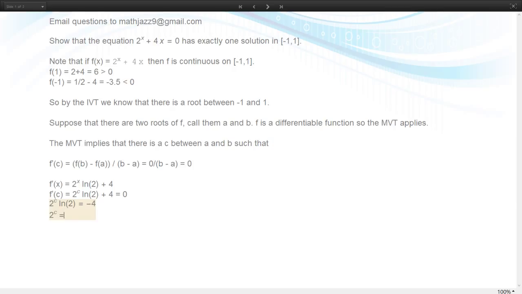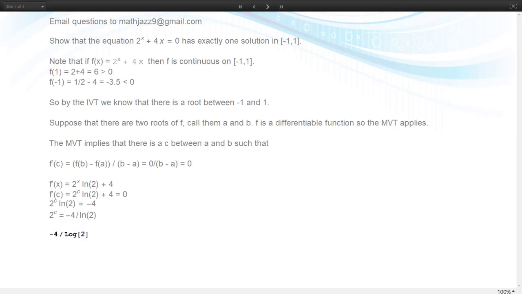And that means that 2 to the c is equal to negative 4 divided by the natural log of 2, which, let's calculate this for a second. We get negative 4 divided by the natural log of 2.